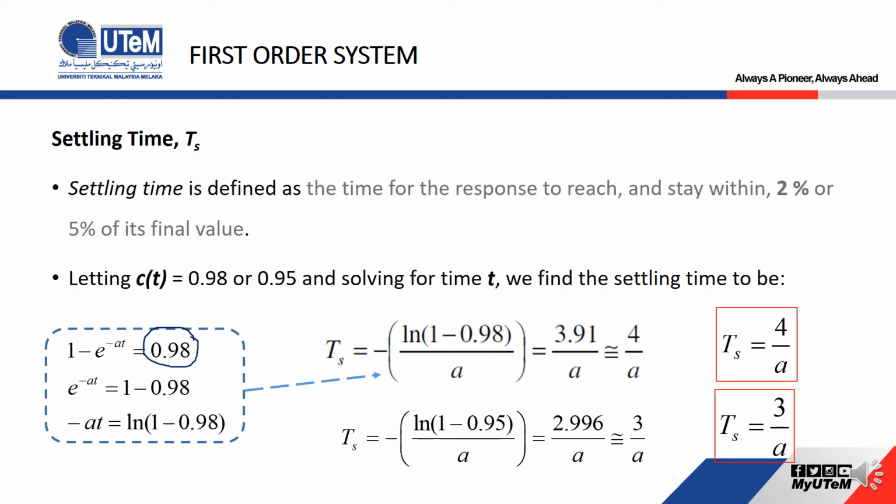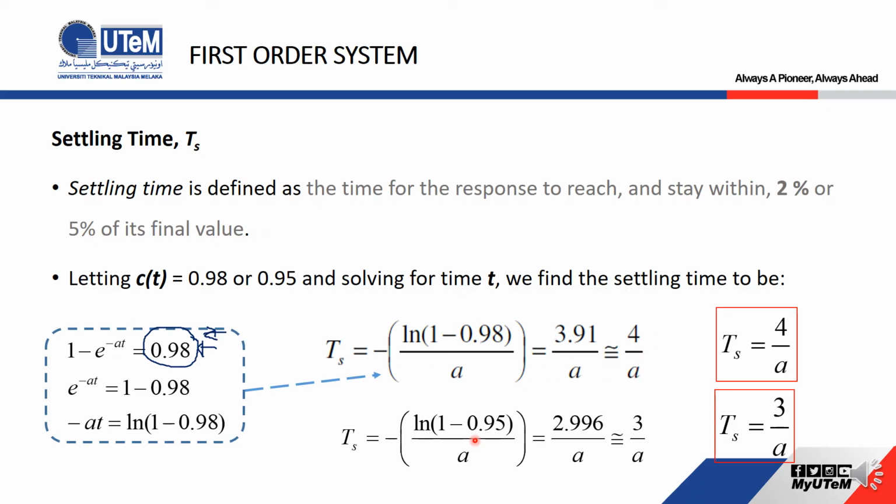If we choose the 5% criterion, this value becomes 0.95. The formula that comes out of this derivation is Ts equals negative ln of 1 minus 0.98, divided by a. This becomes 3.91, which we can round to 4. So Ts is equal to 4 divided by a.